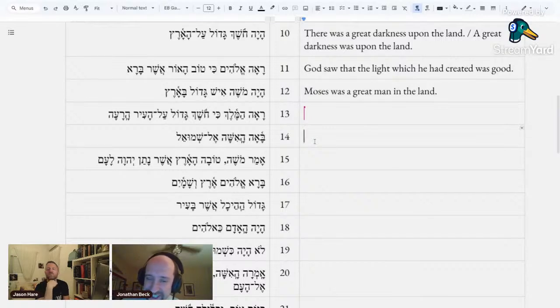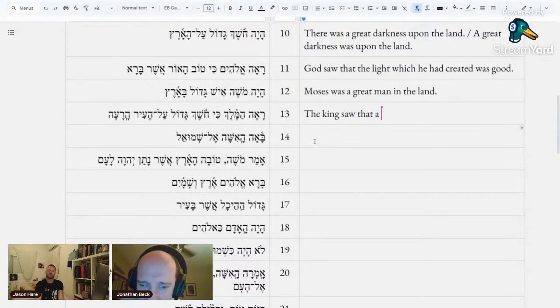Very good. So, ra'ah hamelech, the king saw, ki choshech gadol, that darkness was great. Yeah, so this is one of the things where Jason would say it makes better sense to say there was a great darkness, right?